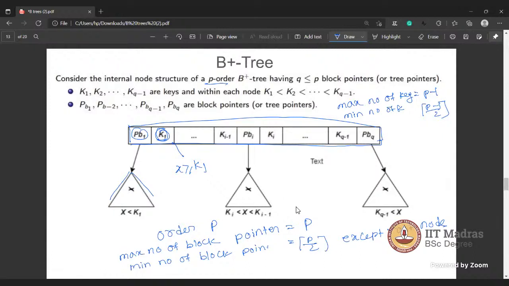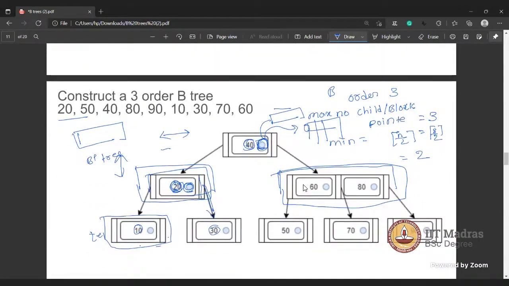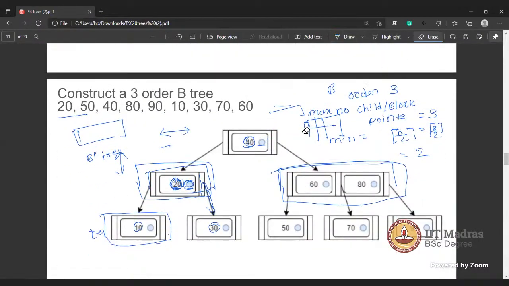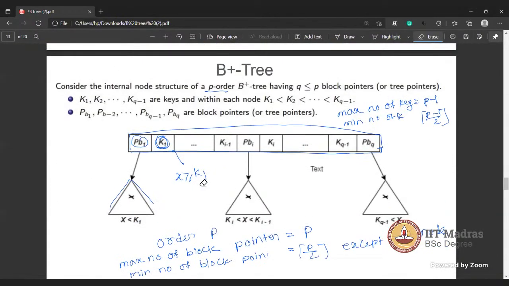In a B plus tree, record pointers are only in leaf nodes, not in internal nodes. In a B tree, the internal node also consists of record pointers, and leaf nodes point to null. So we'll see the leaf node structure after that.